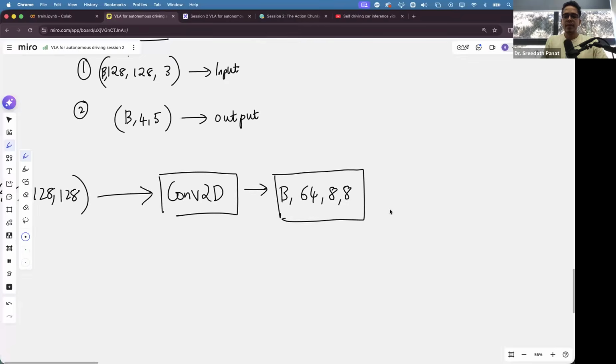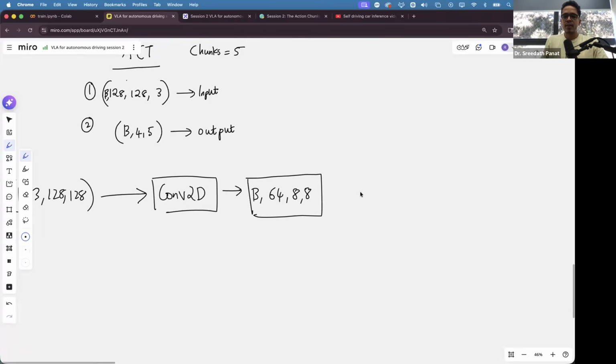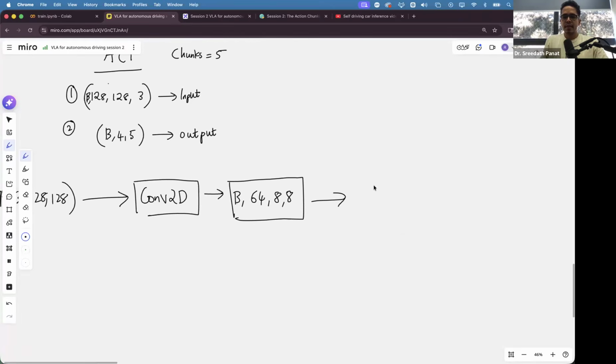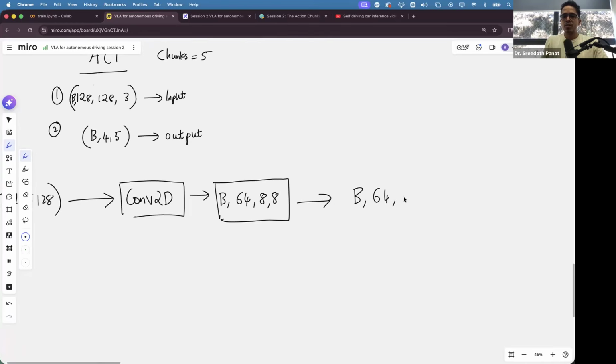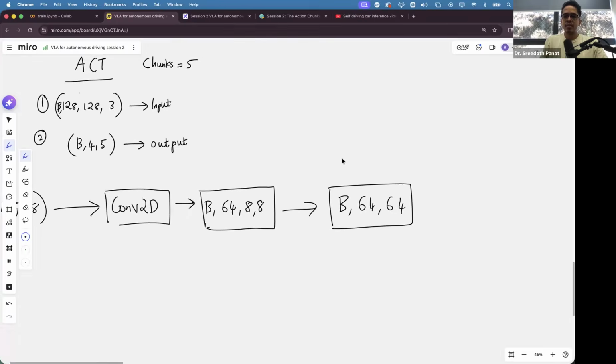Now we convert this into tokens. So how many tokens do we have? We have a batch size of B, 64 tokens, and the dimensionality of each token is also 64. So this part is tokenization.